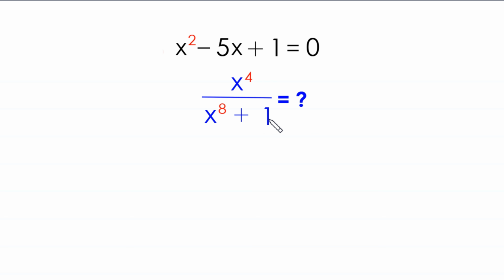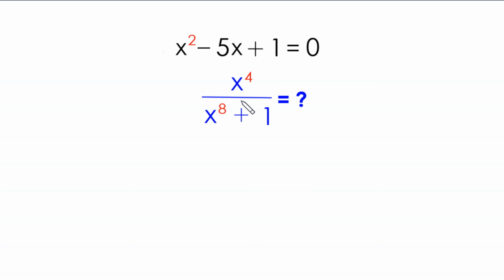If we first find the value of x from this equation, then take power 4 of that value, and then take power 8 of that value, finding x to the power 4 over x to the power 8 plus 1 is too time-consuming. But we use a clever trick to find this value in less time.